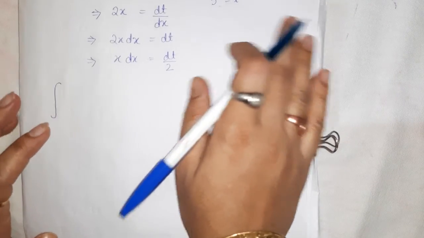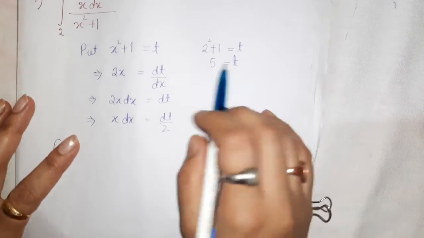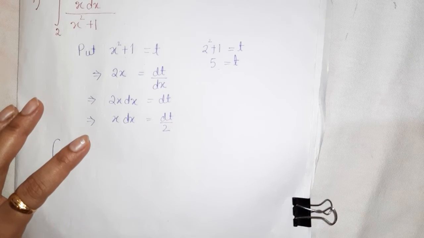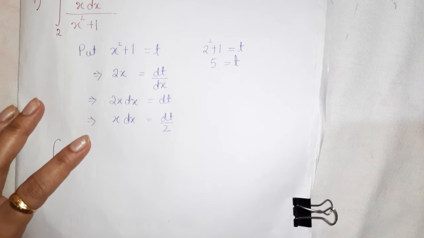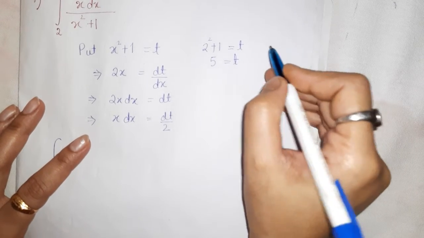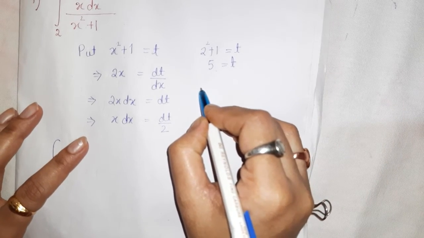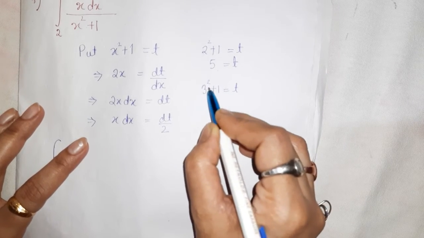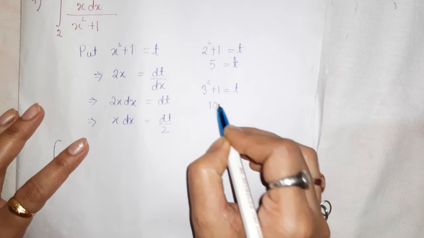We put x in the place of x. If we put lower limit 2, we get t equals 5, which means the lower limit for t is 5. Now for the upper limit we put 3 square plus 1 equals t, 9 plus 1 means 10 equals t.